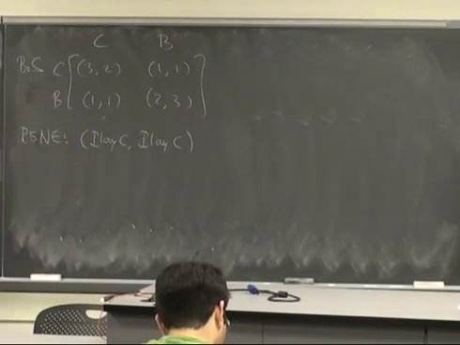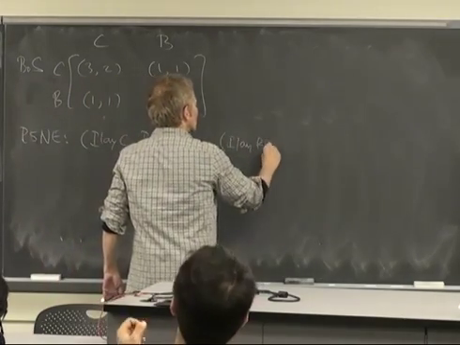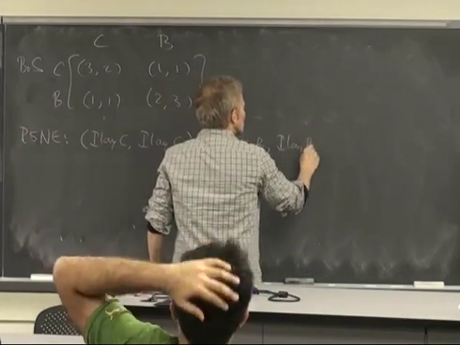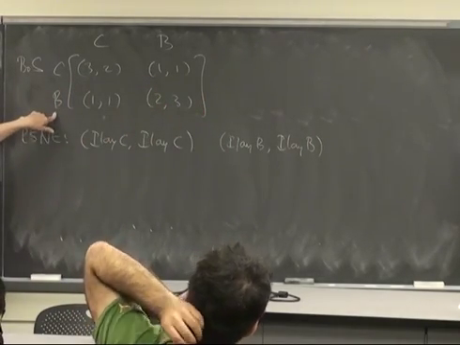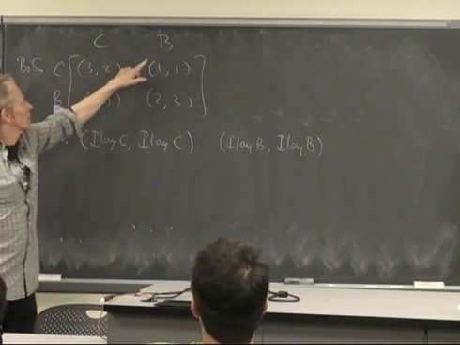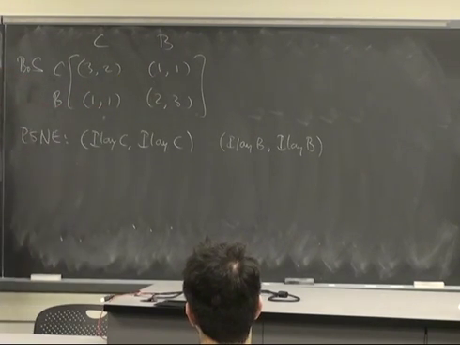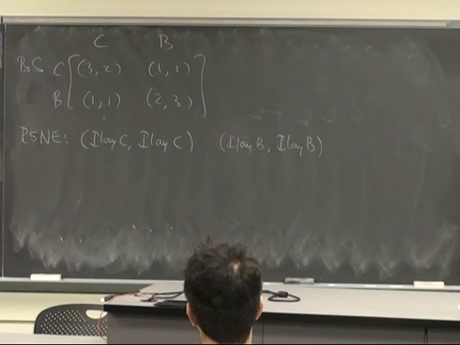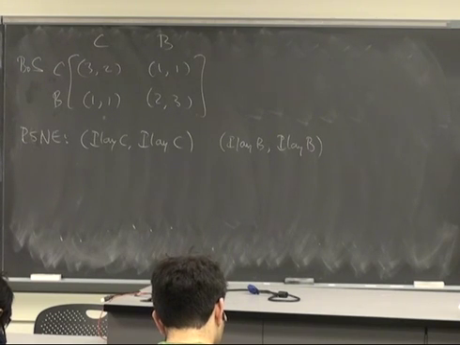And I claim also that play B and play B is a pure strategy Nash equilibrium, because player one playing B is a best reply to player two playing B. Player two playing B is a best reply to player one playing B. Both ways have to work for it to be a Nash equilibrium. And those are the only pure strategy Nash equilibria.